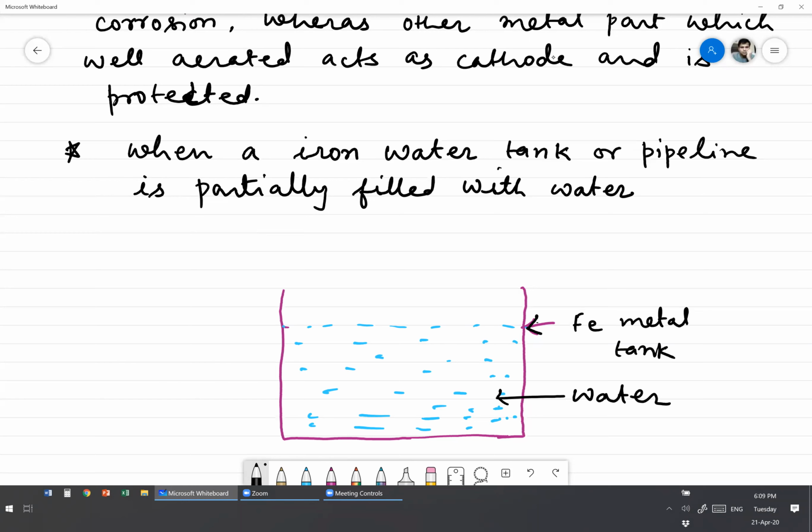So you can see in this case, when water is stored in a steel tank and it is partially filled, what happens? The area above the water line acts as the cathode here because it is very well aerated.